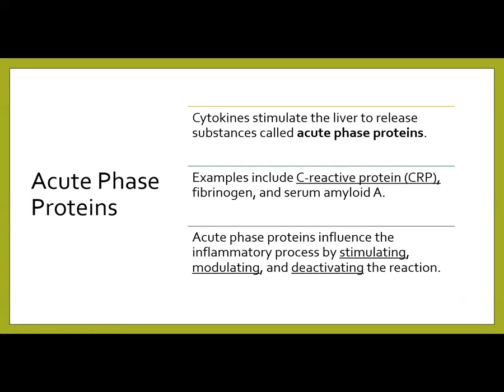And I'll show you on the next page what I'm talking about. Acute phase proteins influence the inflammatory process by stimulating, modulating, and deactivating the reaction. So once again, we're either stimulating it, keeping things how they're going, or deactivating.